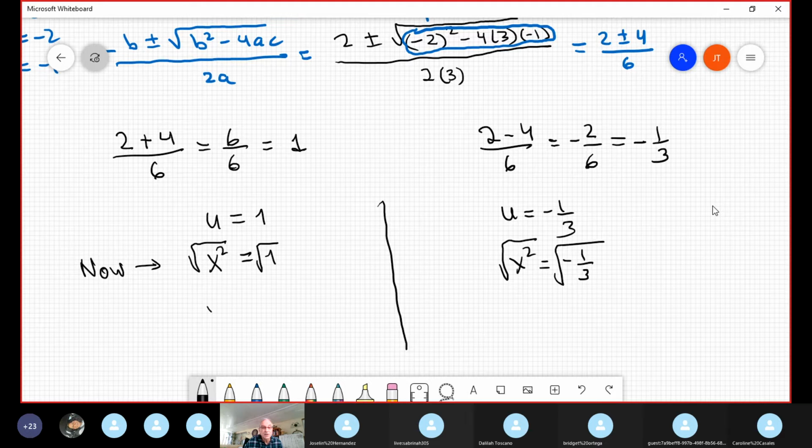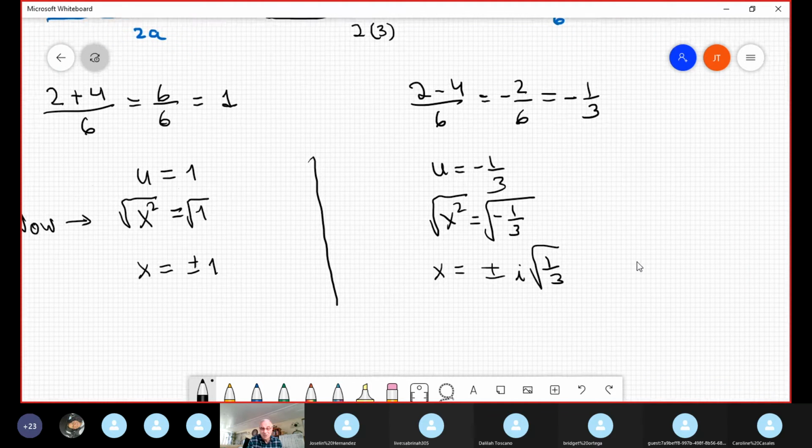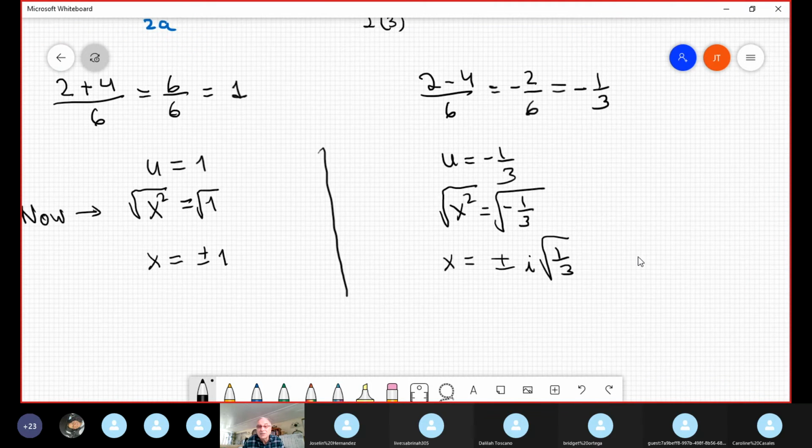Okay. Entonces, this is x equals, don't forget, plus or minus 1. And here is x equals plus or minus, but in this case, imaginary, because when the number inside the radical is negative, it's i, radical 1/3. Entonces, this is acceptable. However, in this case, we can simplify a little bit. I suppose you remember, this is a fraction.